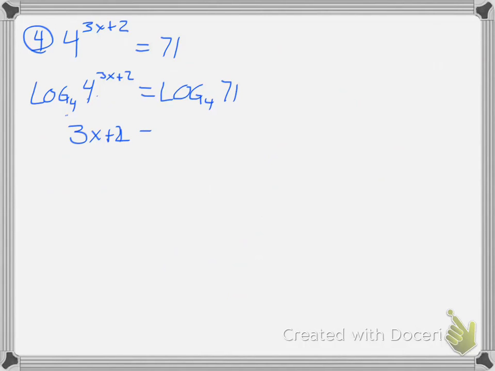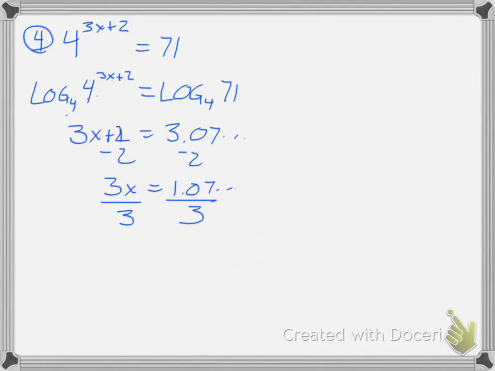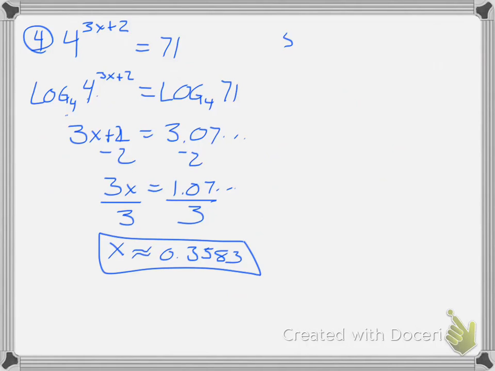But if I take the log base 4 of the left side, I would need to take the log base 4 of the right side. And log base 4 of 71 is equal to 3.07 and some change. Then just solve for x. So I'm going to subtract 2, and I get 1.07 and change, divide by 3, and x is approximately 0.3583. So you can do it either way.